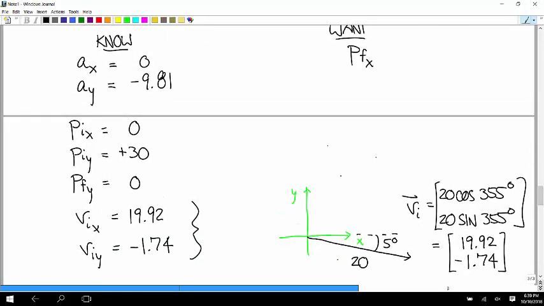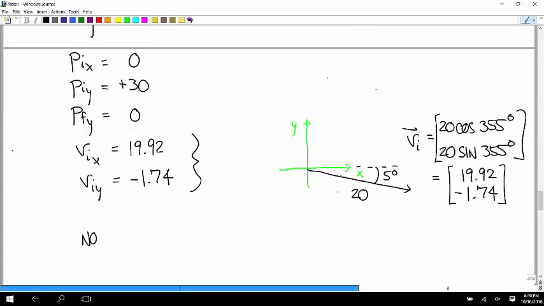Okay, so is there an equation that has p of x and everything else is known? No. So what should we try to find? Time final, yes.